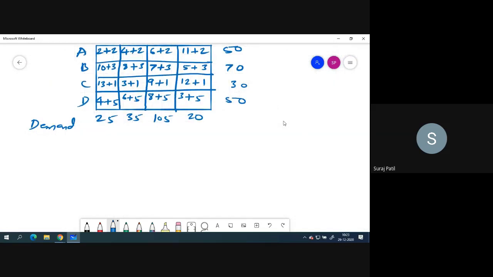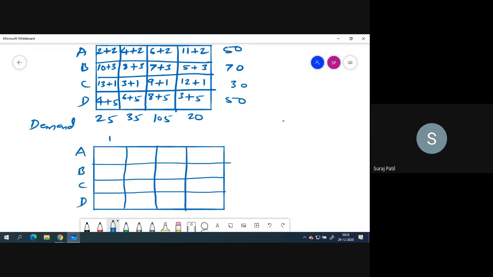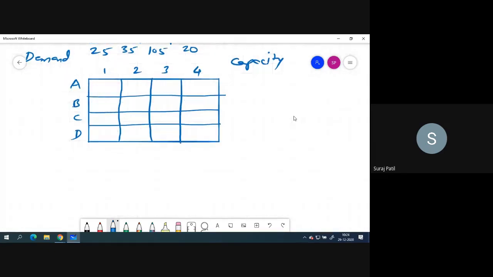First, I'll just add all these values, and capacity and demand.